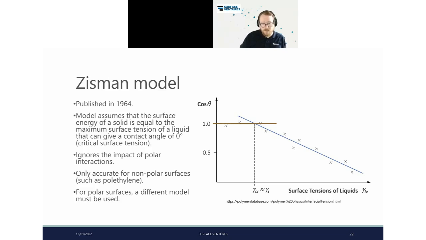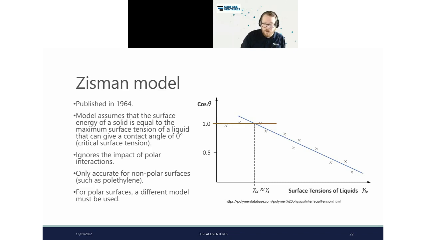So using a range of liquids with different surface tensions, you're able to measure a range of different angles, and the cosine of those angles, until you reach a point where you get a critical surface energy, where for the liquid with the lowest surface tension, you're maximizing the use of the surface free energy of the solid, and you get an angle of 0 or a cosine of 1.